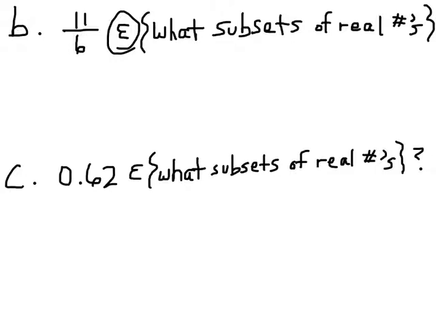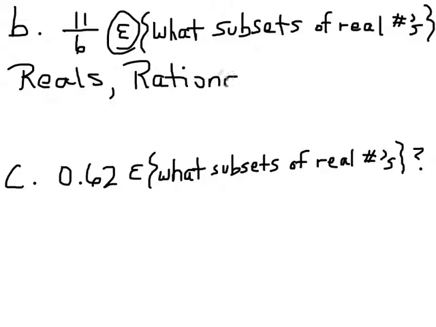Now that is a fraction, so that makes it a rational number. So then we would say reals and rationals. Okay, it does not include integers because it's not a strictly whole number.